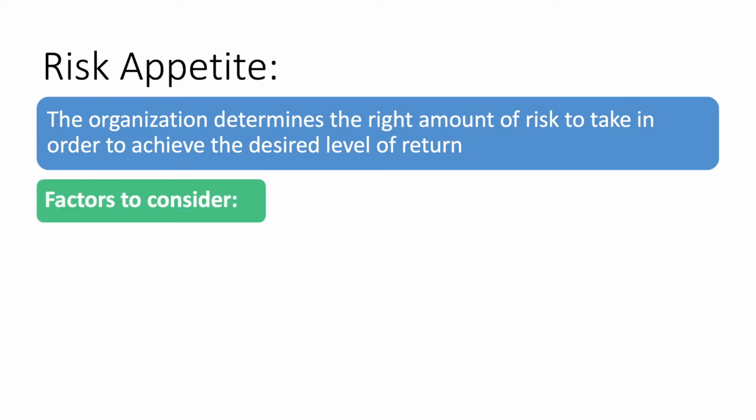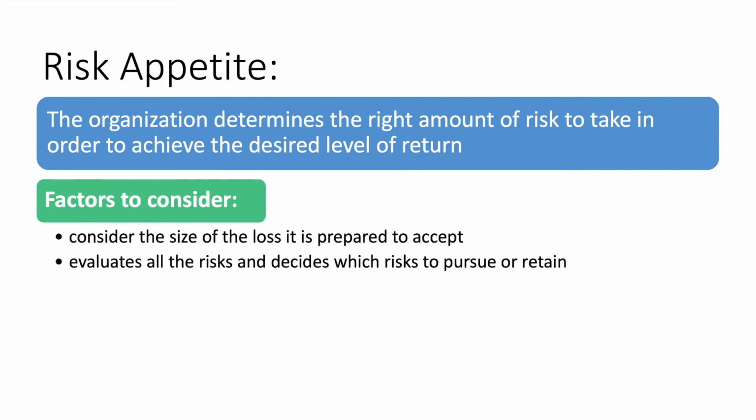Now, the factors to consider for that risk appetite measurement or calculation: consider the size of the loss it is prepared to accept, how much loss I am able to accept. That is the factor to consider. And I can evaluate all the risks and decide which risk to pursue or retain.